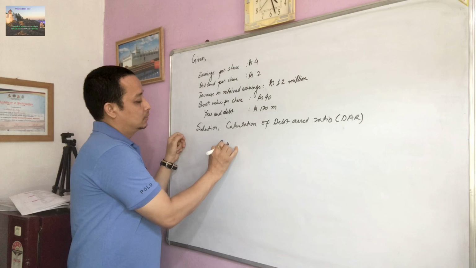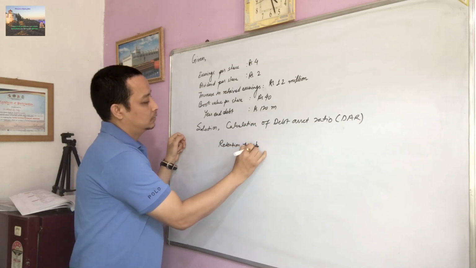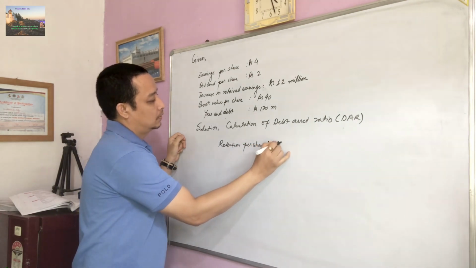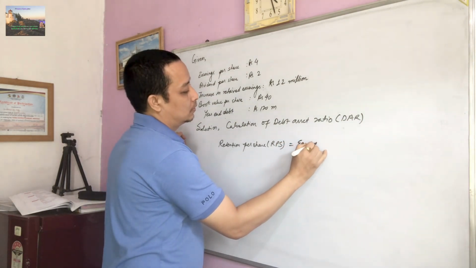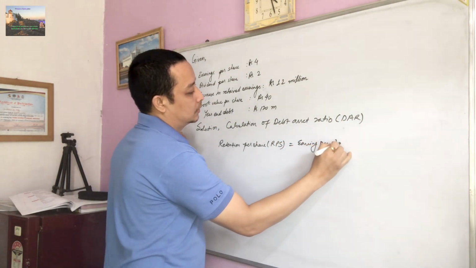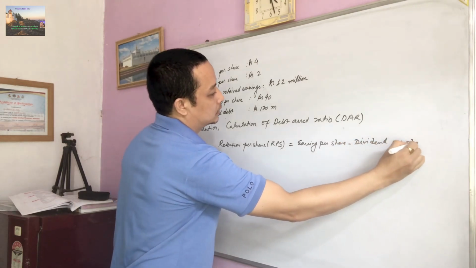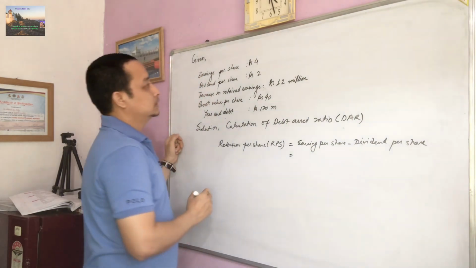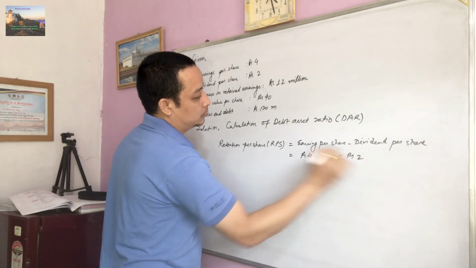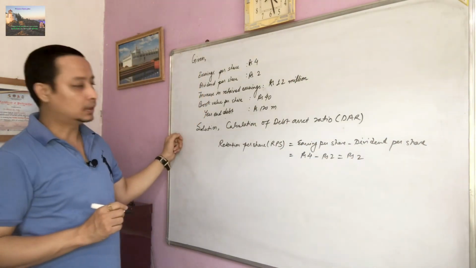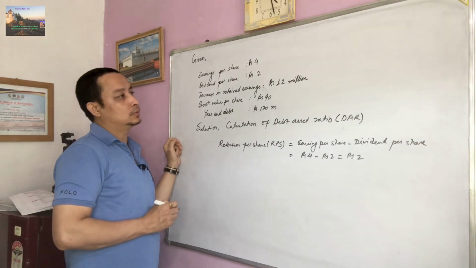Retention per share equals earning per share minus dividend per share. Earning per share is given rupees 4 minus rupees 2, that is rupees 2 per share is the retention per share.